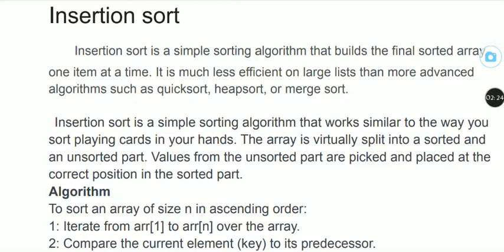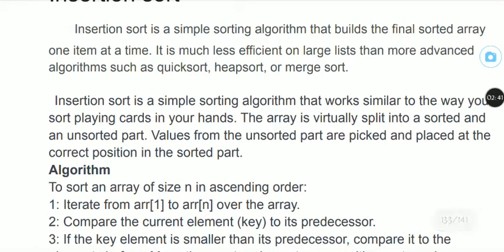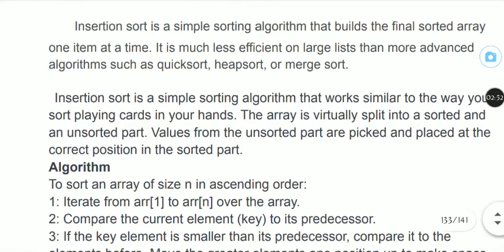Insertion sorting works in a similar manner as we arrange a deck of cards. Again, the principle is to take one element, iterate through the sorted array, find its correct position, and then place the element in the correct position. Likewise, this algorithm works.